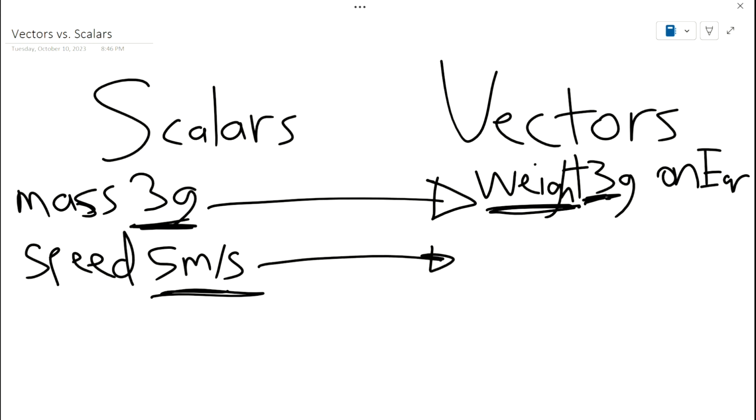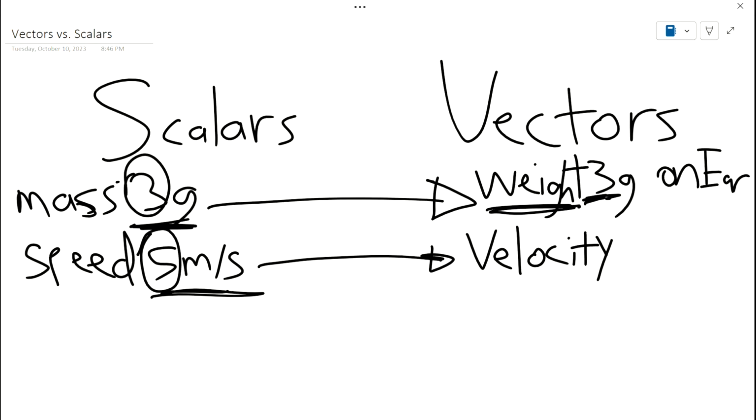However, the vector version of this is velocity. And velocity, unlike speed, depends on not only the magnitude, which is 5, it's just a number here, but it also depends on a direction, meaning the velocity needs to be going somewhere.